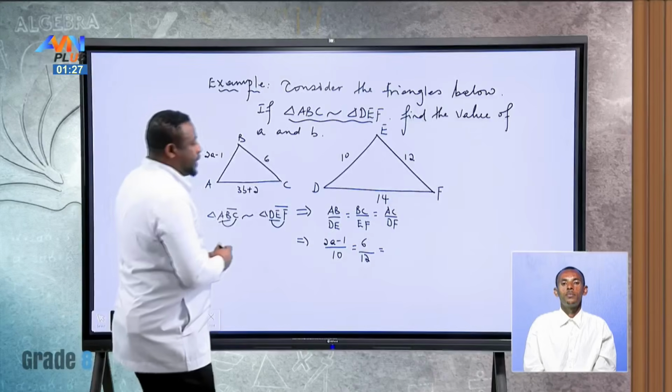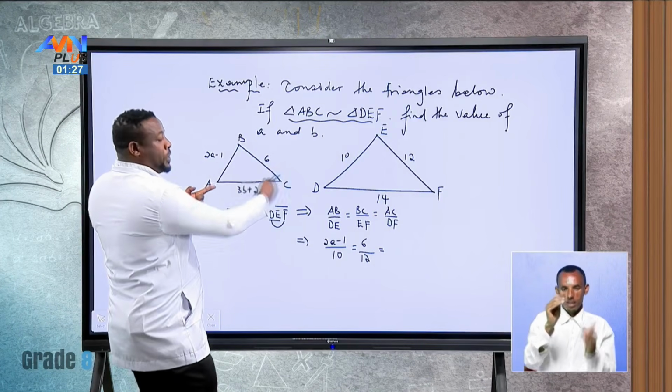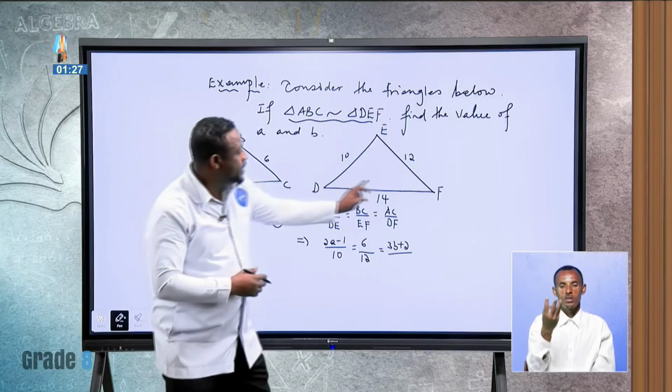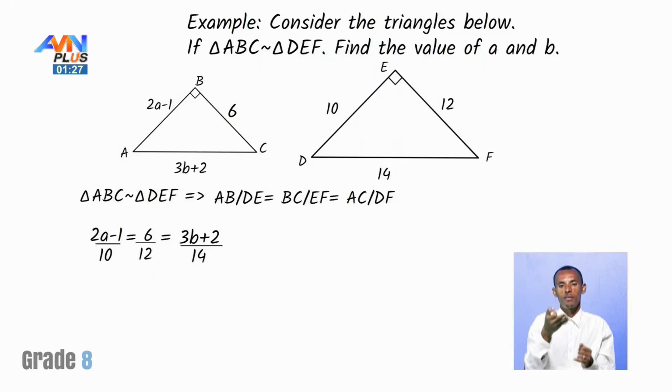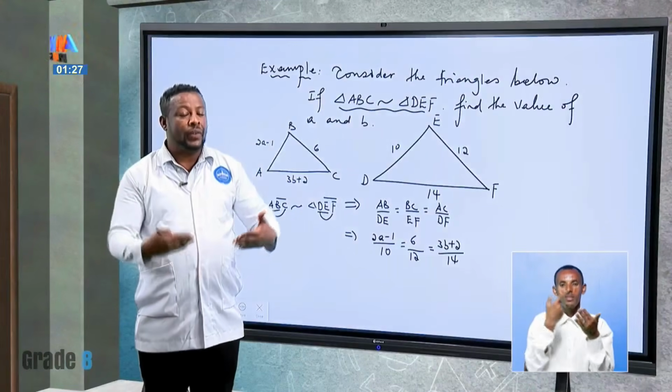Okay, then the last proportion is AC. AC is 3B + 2, and DF is 14. Okay, so we have these sets of equations.